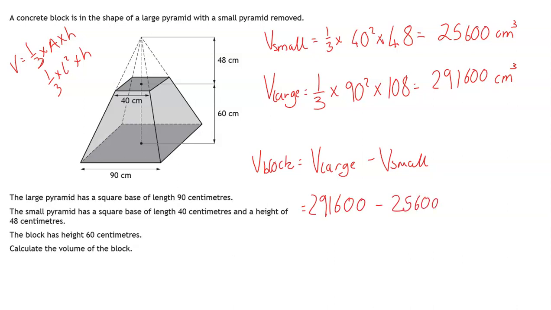If I do those two calculations and subtract them from each other, what I end up getting is 266,000 cubic centimetres. And that there is the volume of the shaded part in the diagram, or the volume of the block. So it's a fairly straightforward question when we're able to extract the information out of it, and when we start to get rid of information that's not relevant to us.